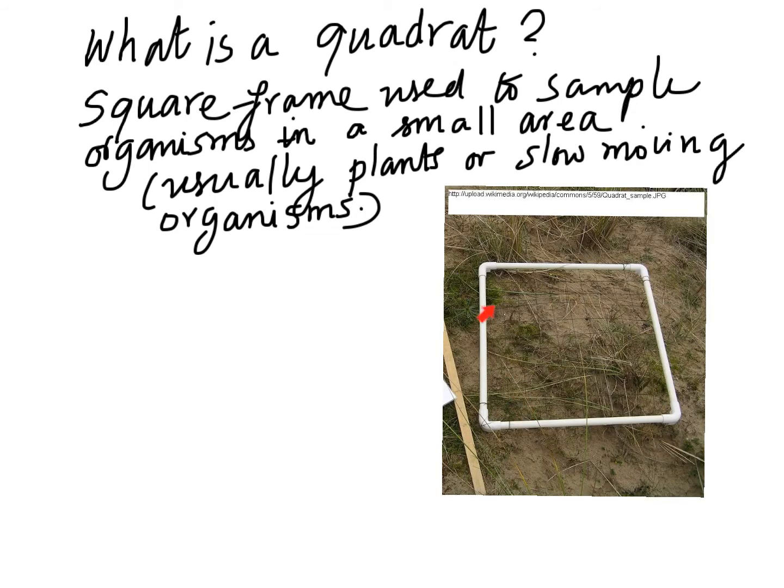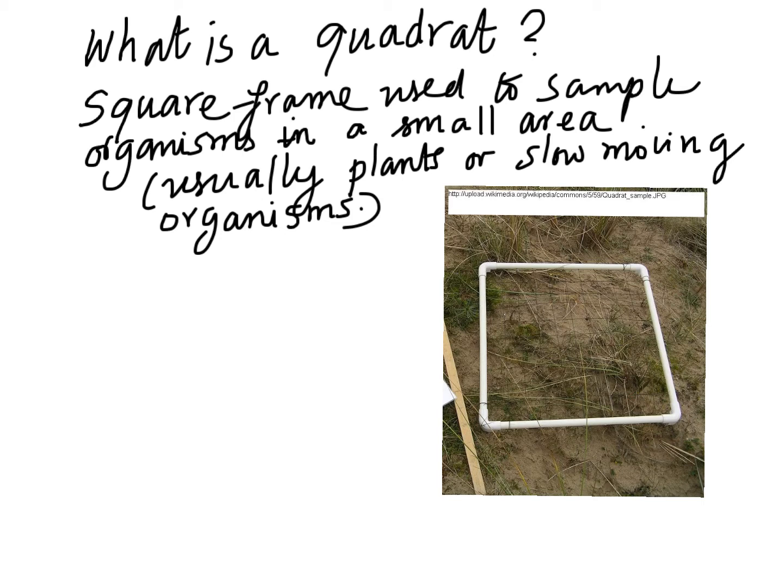So there you see, here is a simple quadrat which has even further divisions with wires inside. But normally it's placed randomly in a habitat, and then you can count the number of organisms in this small area.